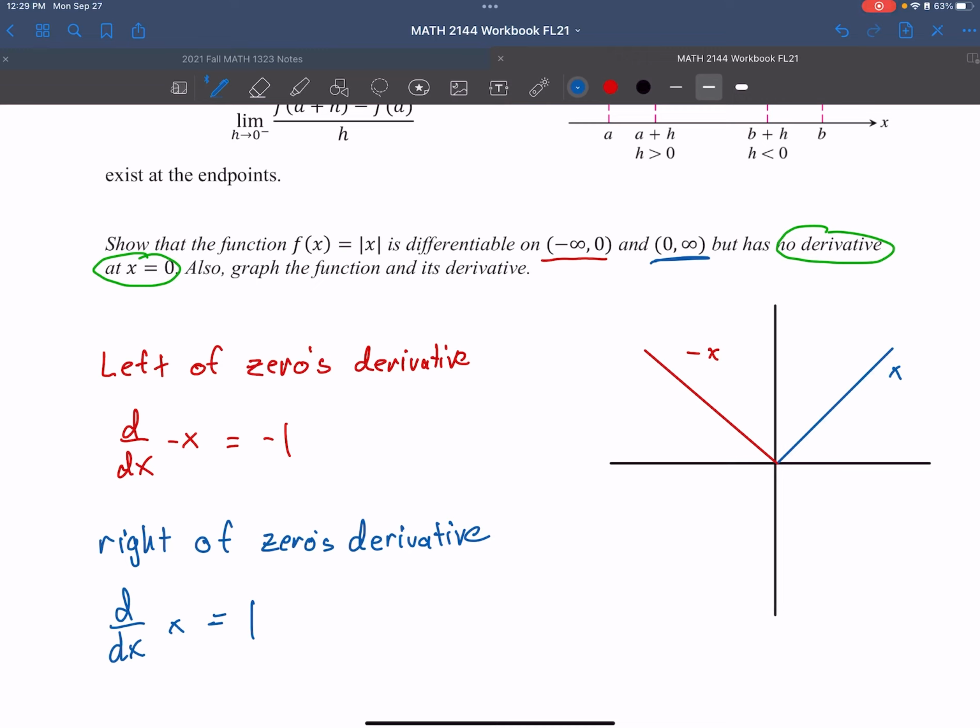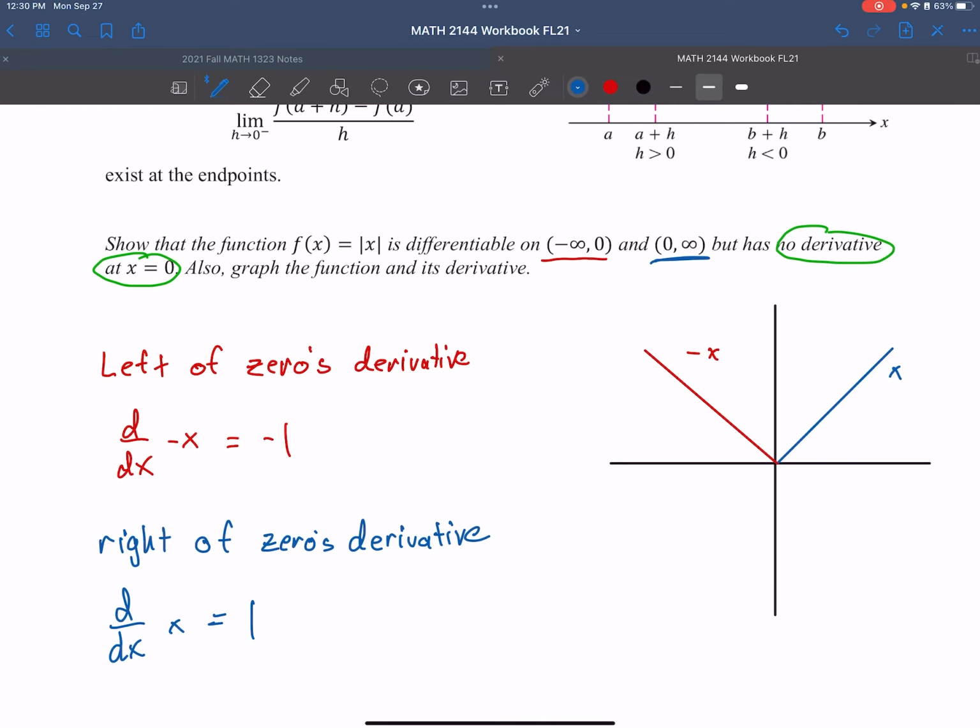Because the two sides have different derivatives, there's no smoothness that allows you to transition between them. Everything's been about limits and approaching, but regardless of how close I get, this side will always be negative 1 and this one will always be positive 1, and there's no smoothness to cause a nice transition.